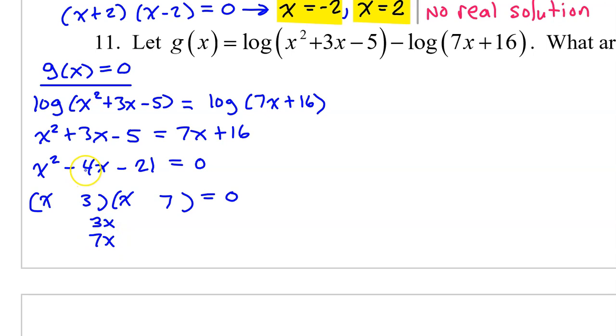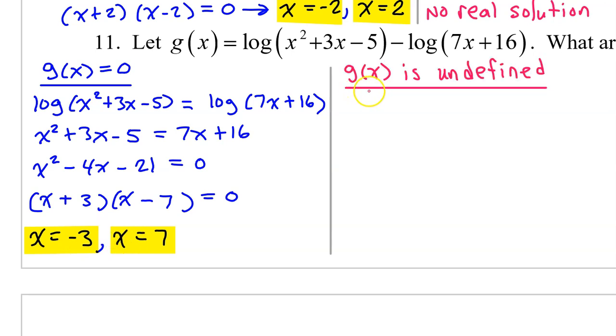To get a middle of negative 4x, I need a positive 3x and a negative 7x. That means I need a plus here and a minus here. Also notice that positive 3 times negative 7 does equal the negative 21 that we need. The zero product property gives us x equals negative 3 and x equals 7. So these two critical values will go on the sign chart in a minute.